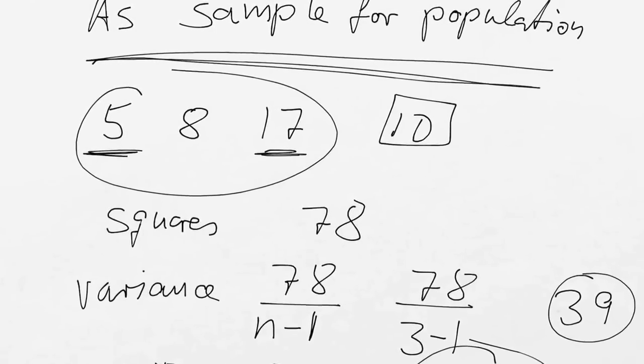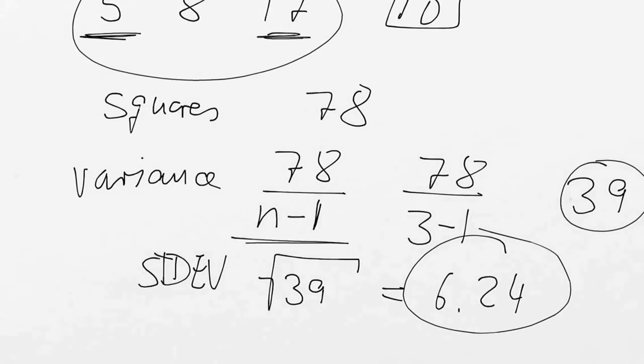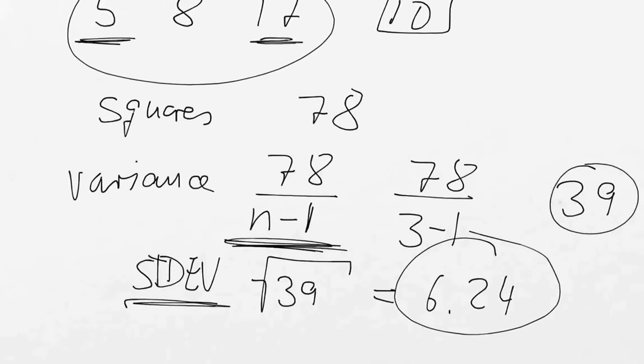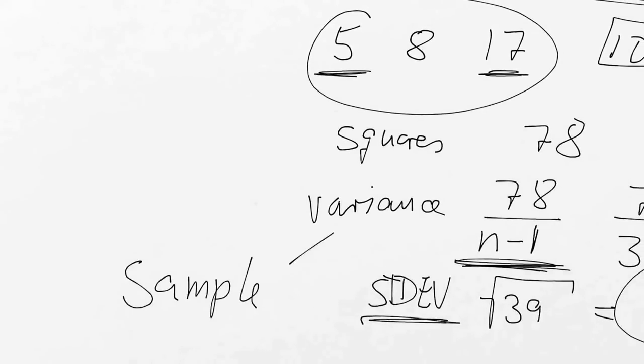Yeah? And therefore, this trick with the n-1 is the sample variance and the sample standard deviation. So sample variance and standard deviation, that is n-1, because I want to be on the safe side.